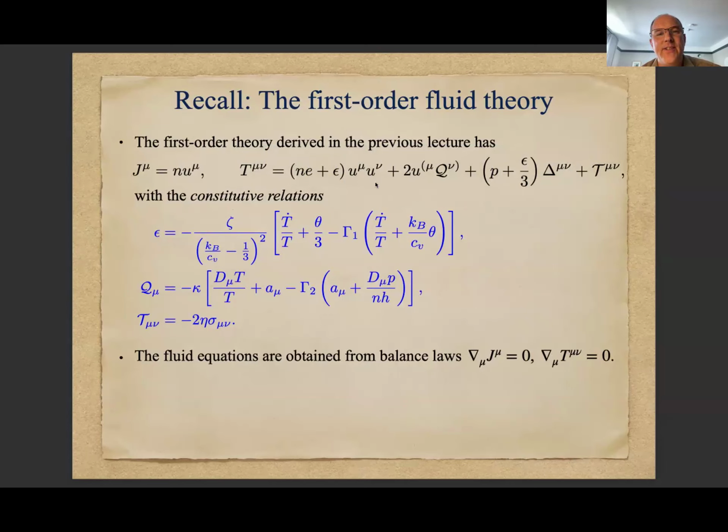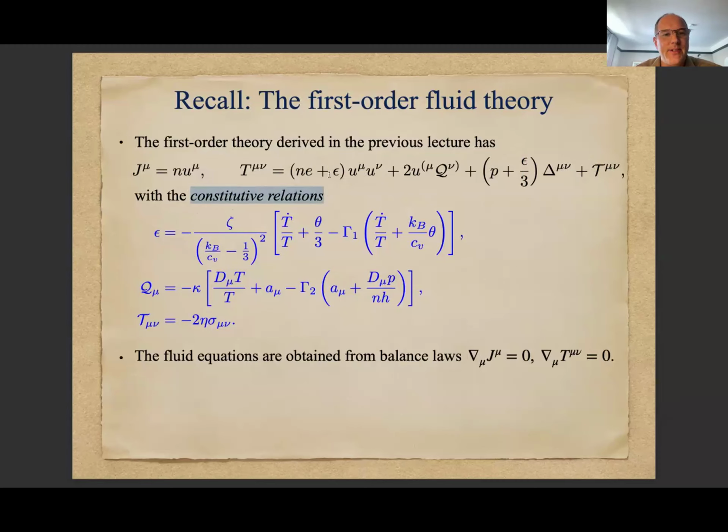So that translates to: if you take the trace of T^μν, then the off equilibrium contribution will be zero. That's why here you have epsilon to the third, which then cancels this epsilon when you take the trace. And τ^μν is orthogonal to U and traceless. And then to close the system, you have these constitutive relations.